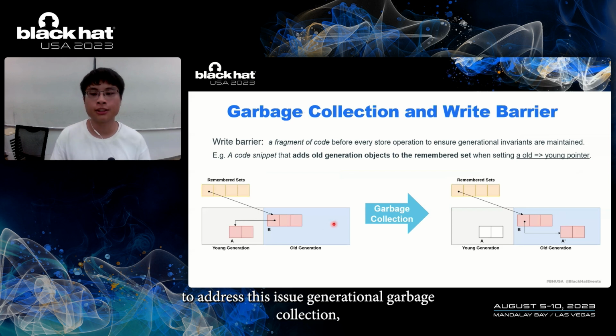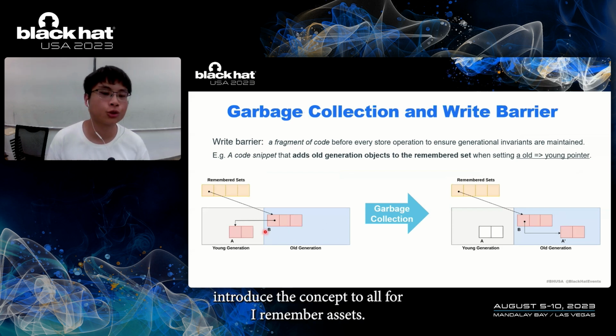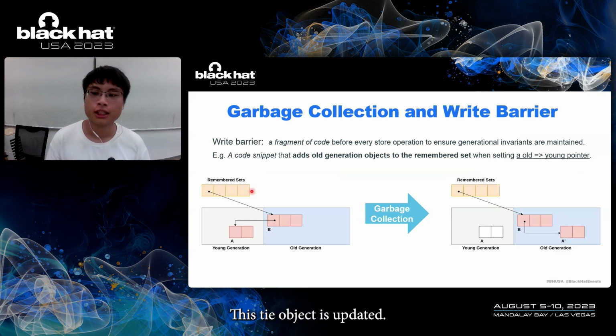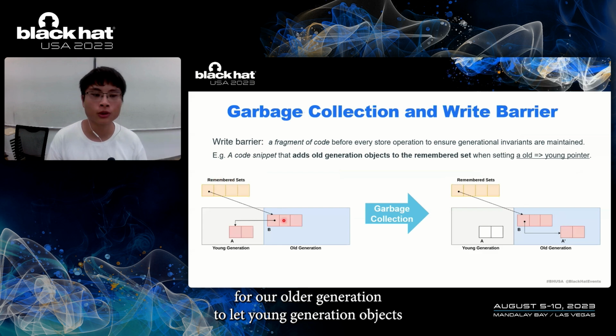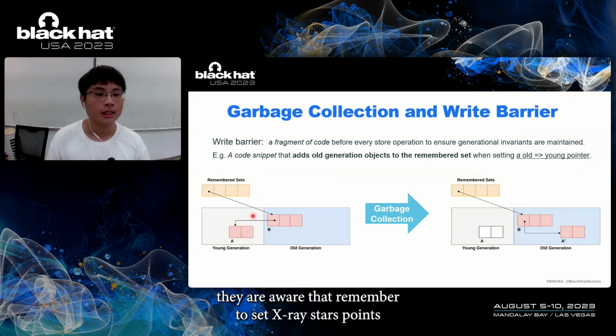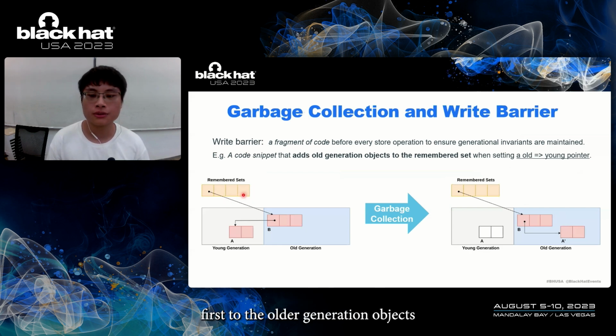To address this issue, generational garbage collection introduces the concept of a remembered set. Each time an object is updated, a remembered set is used to keep track of the references from old generation to young generation objects. In other words, the remembered set actually stores pointers to the old generation objects.